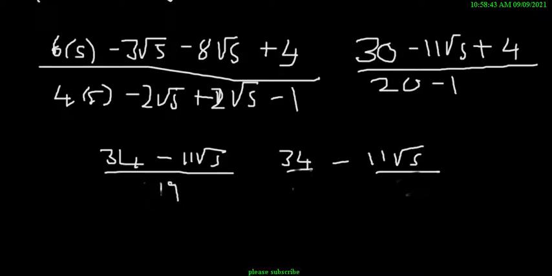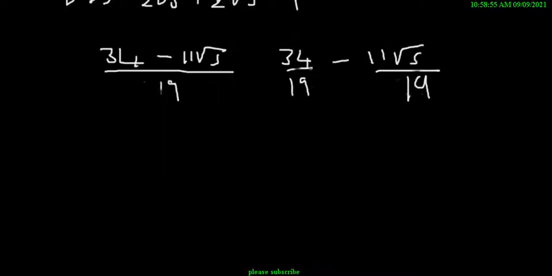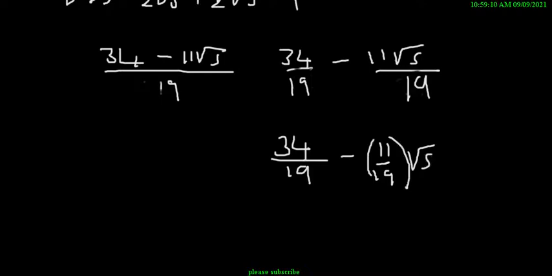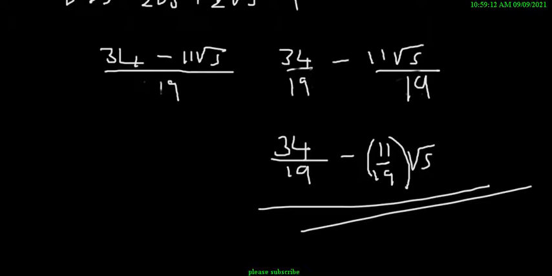This is 19. There's nothing common that can go into 34 and 19, so we can leave it. This would be our final answer: 34 over 19 minus 11 over 19 root of 5, and this is the answer.